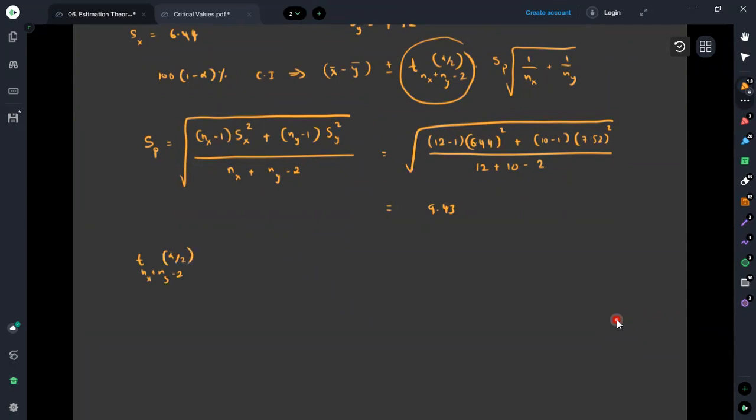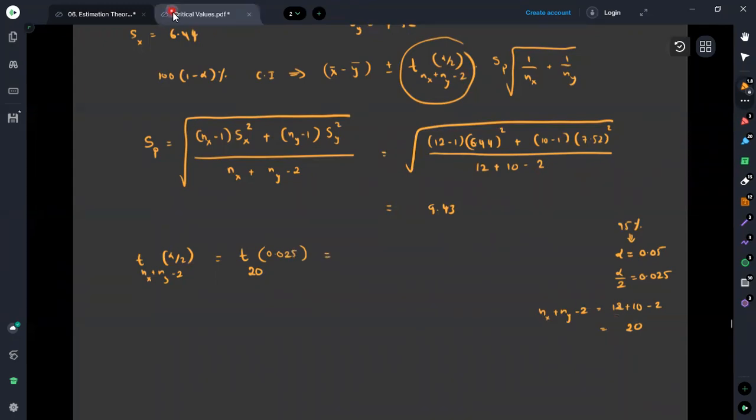Since the first part asks for a 95% confidence level, alpha is equal to 0.05 and alpha over 2 is 0.025. Then nx plus ny minus 2 is 12 plus 10 minus 2, which is 20. So we need to find t20 at 0.025.